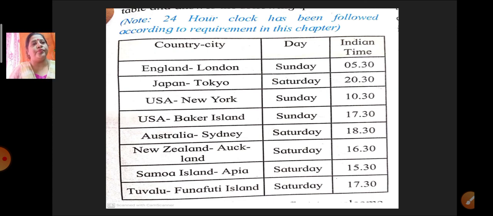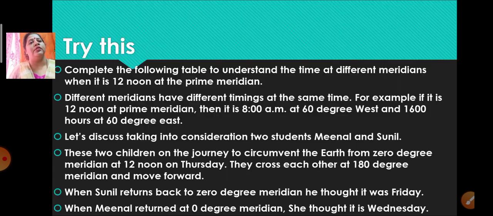Okay, children, now let's try this. You have to complete the following table to understand the time difference on different meridians. You have to understand the time difference between the different meridians when it is 12 noon at the prime meridian. Prime meridian means which meridian?